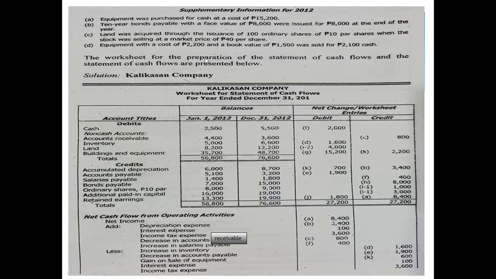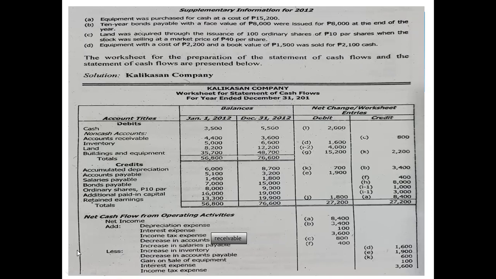So the worksheet for the preparation of the statement of cash flows and the statement of cash flows are presented below. So we have here the Kalikasan Company worksheet for statement of cash flows for the year ended December 31, 2012.